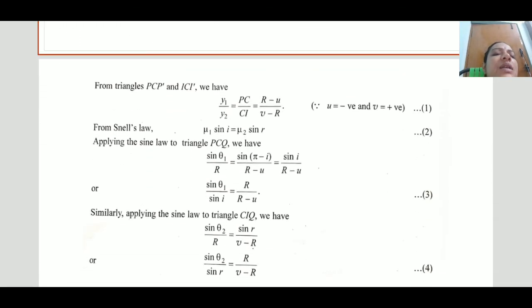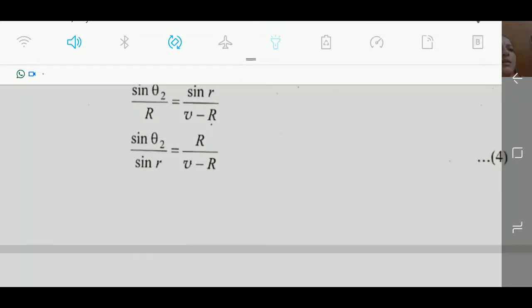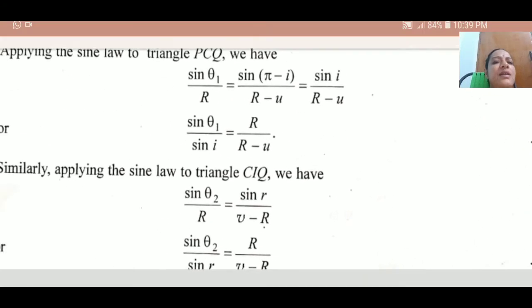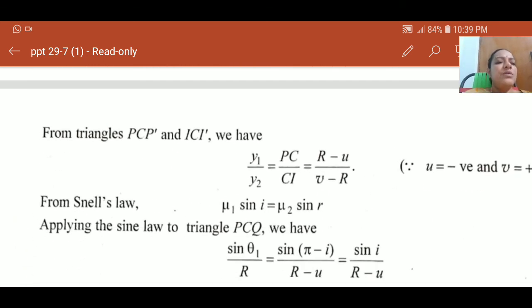By comparing these sides, y1 by y2 is equal to PC by CI, which is equal to R minus U by V minus R.